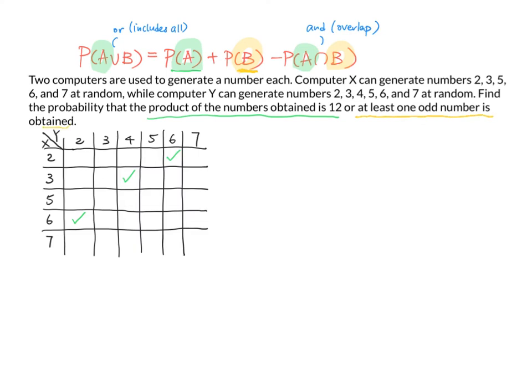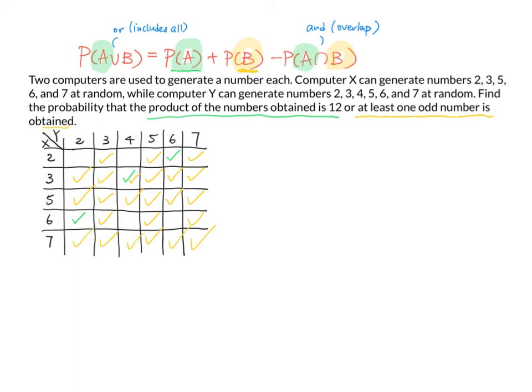Okay, so at least one odd number. So we have this, and these, and these, and also these.